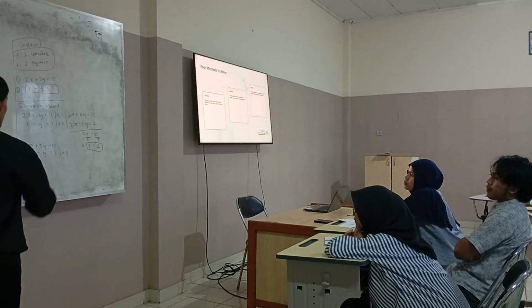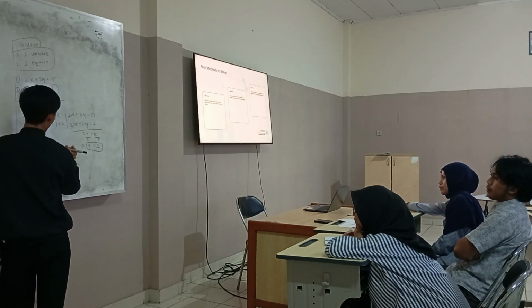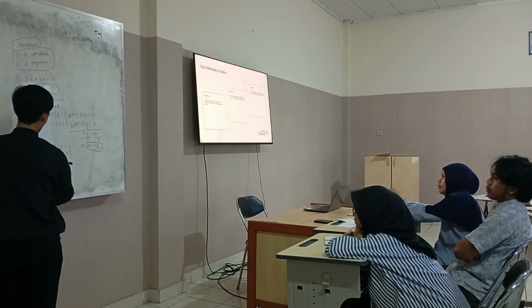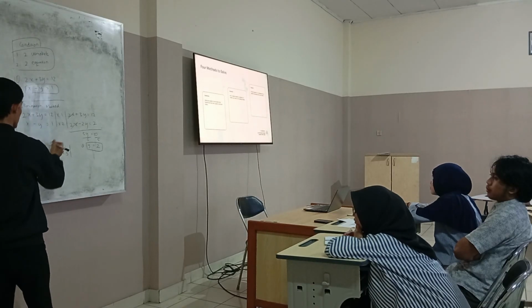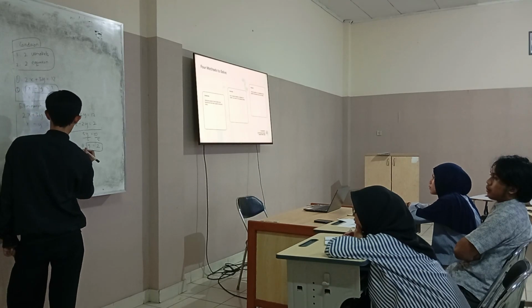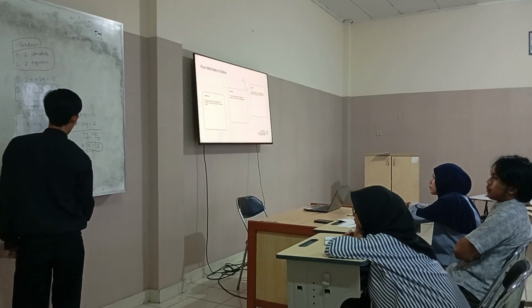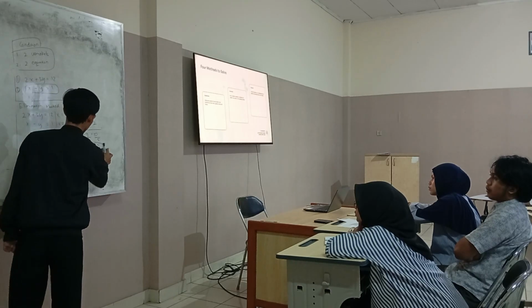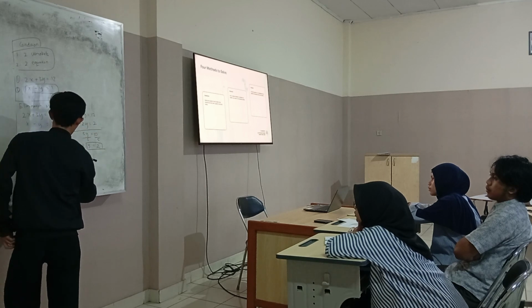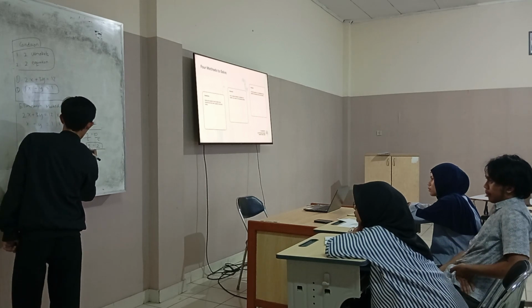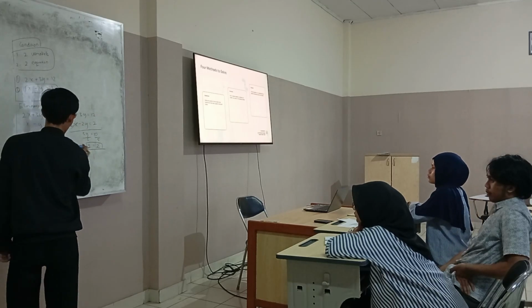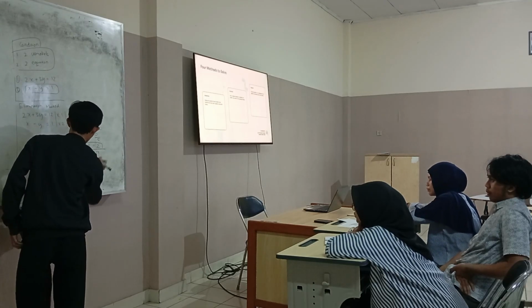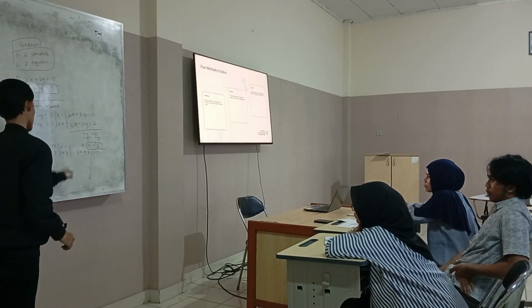The first equation we will multiply by 1 again, so I'll write it again: 2x plus 3y equals 12. Now the second equation we will multiply by 3.